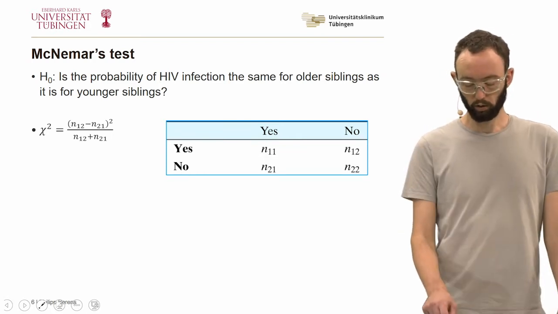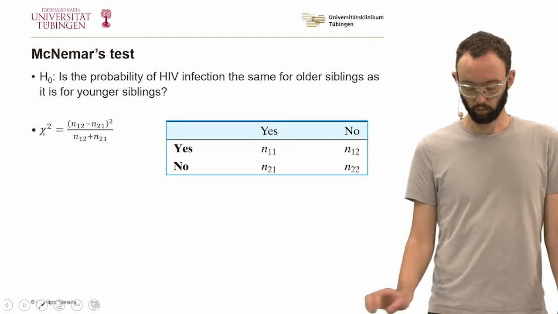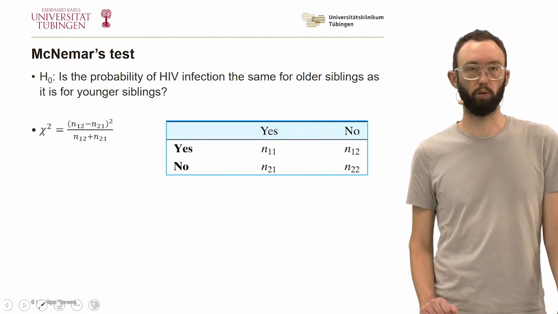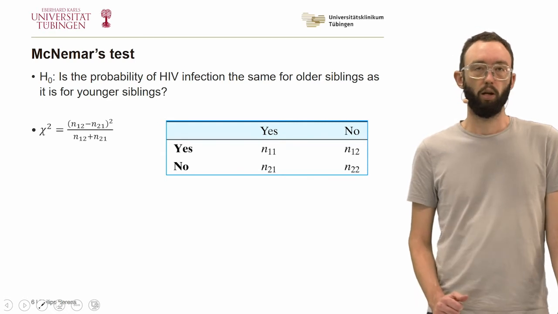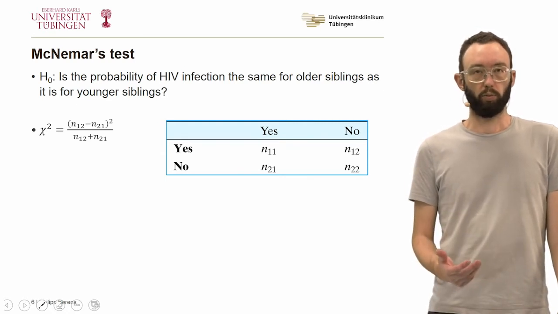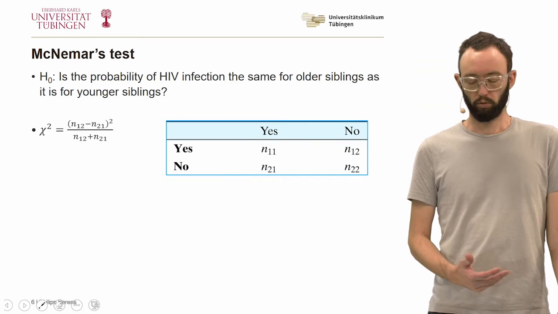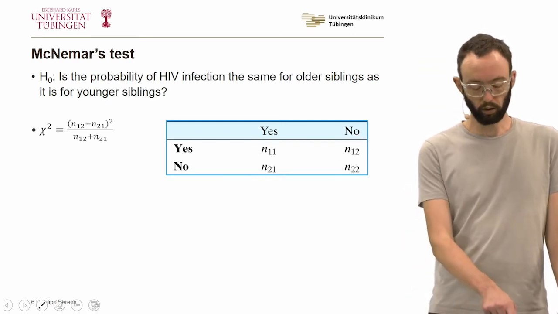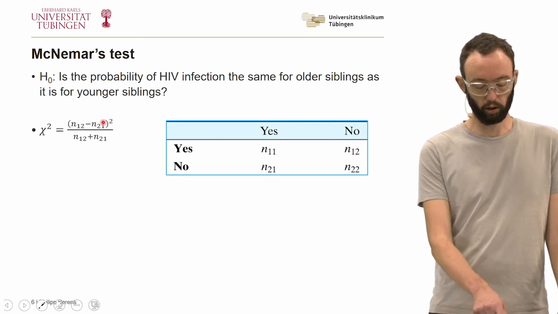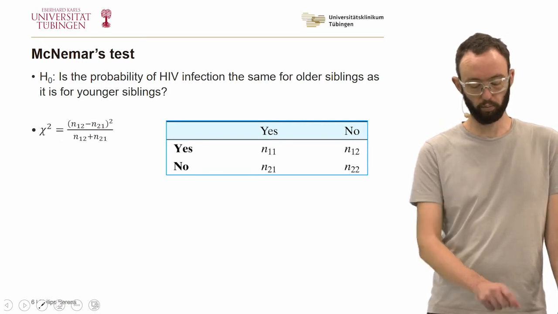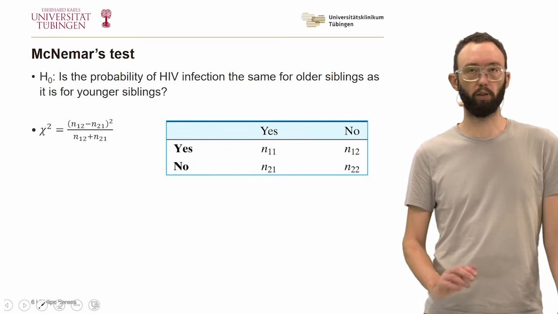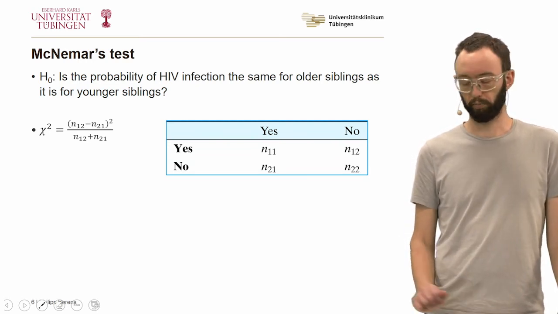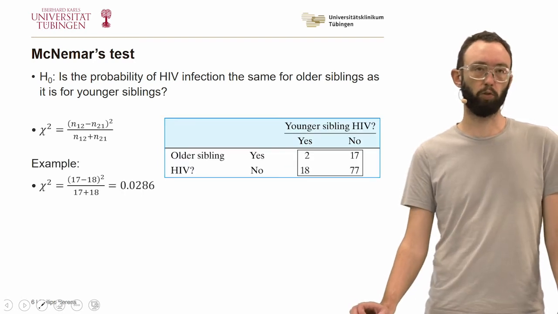So the only entries that matter for this case are n21, the number of siblings, for example, where the younger sibling has HIV but not the older sibling, or the other way around. And then you simply take their difference, you square it, and you divide by the sum. All the other entries for the chi-square test cancel out. We can do that for our example.